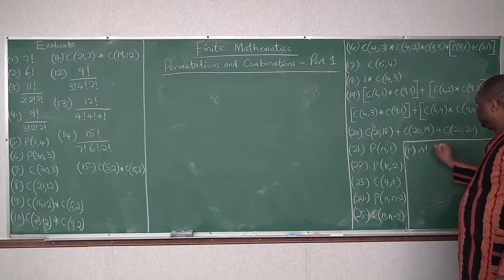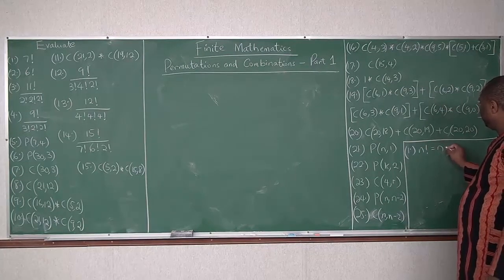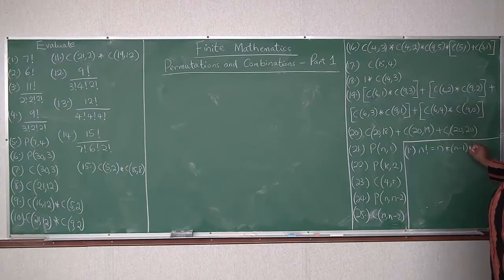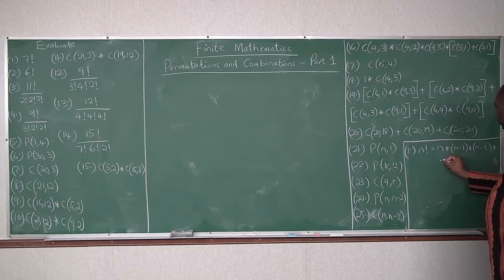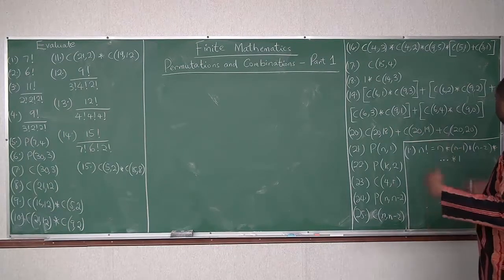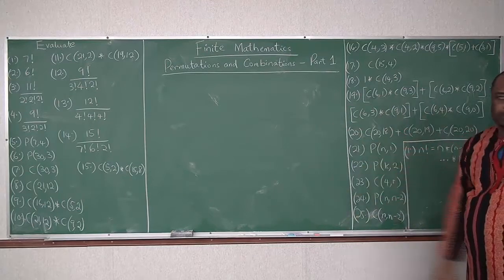If I have n factorial, this means n times, and I'm using the asterisk as my times, n times n minus 1 times n minus 2, times up to 1.